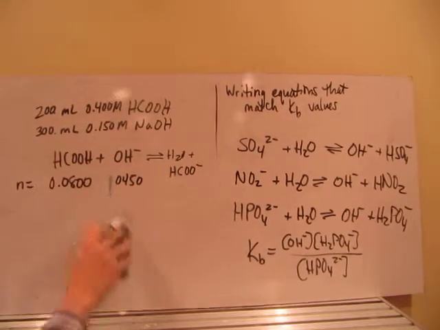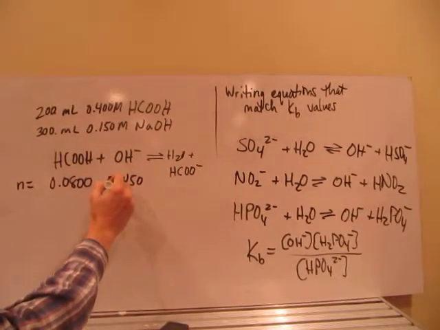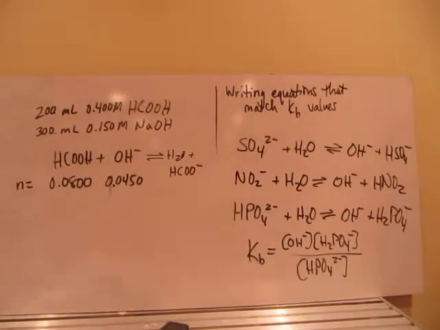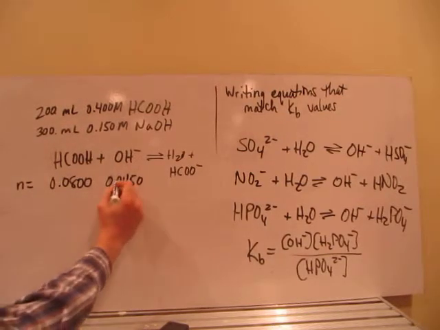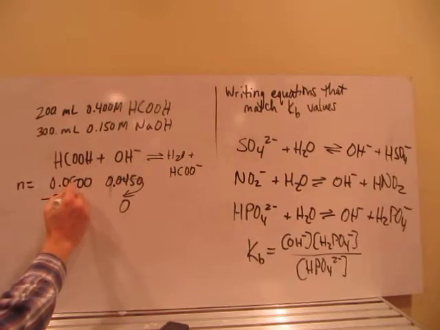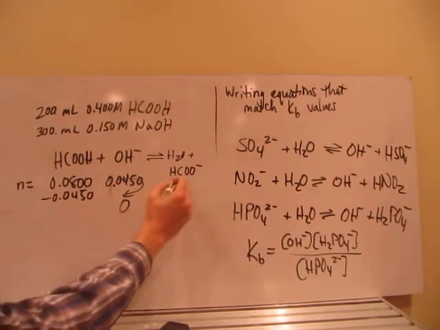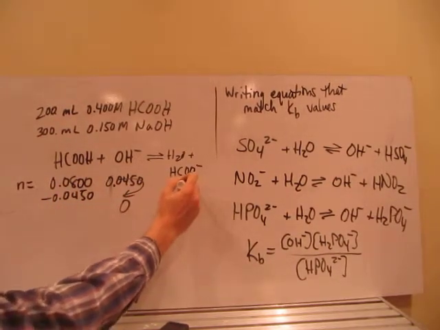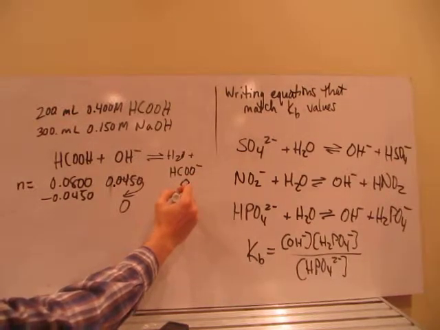All right, so 0.045 moles of hydroxide. So you can see the hydroxide is the limiting reagent. That's going to go down to 0. And the formate is going to start off at 0, and that's going to be plus.